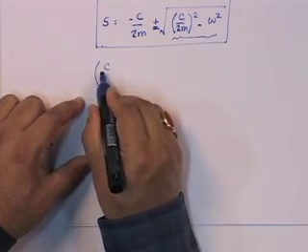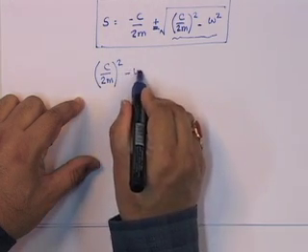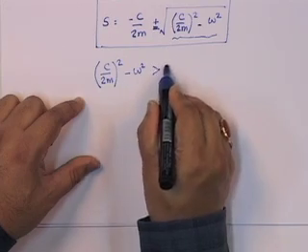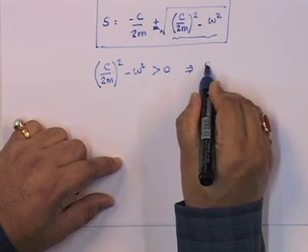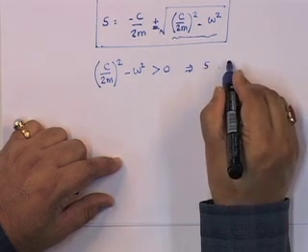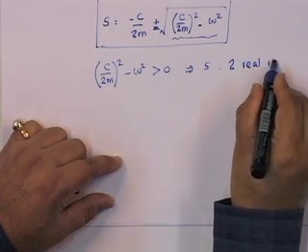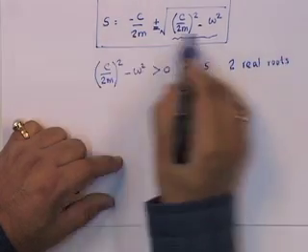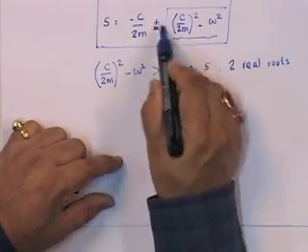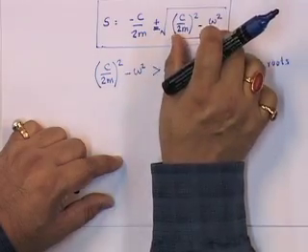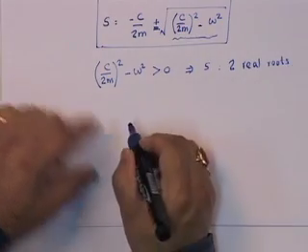If c upon 2m squared minus omega squared is greater than 0, then s has 2 real roots, because if this is greater than 0, then what you get is plus minus square root of a real number which is greater than 0, and so this entire s is 2 real roots.